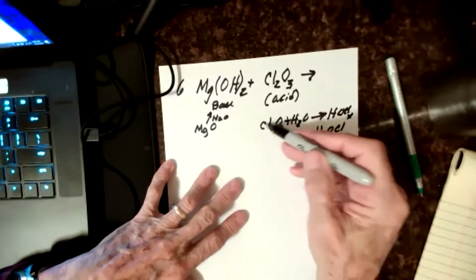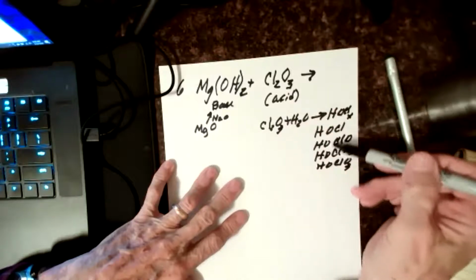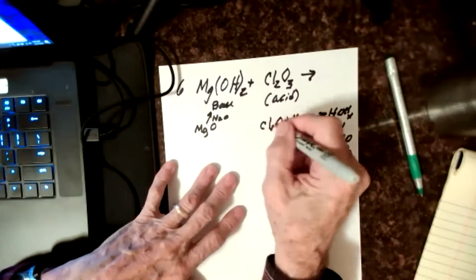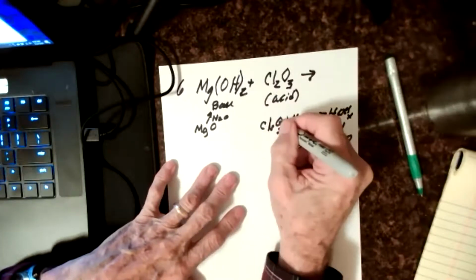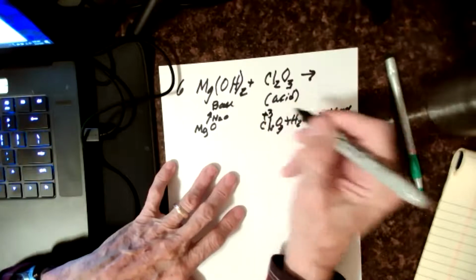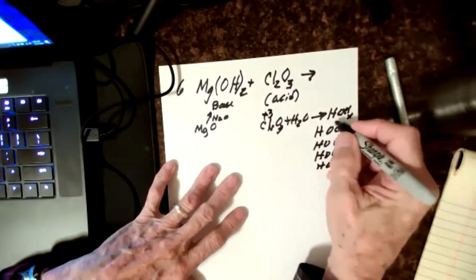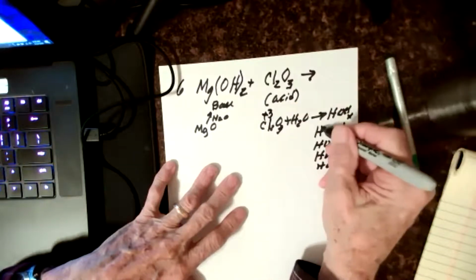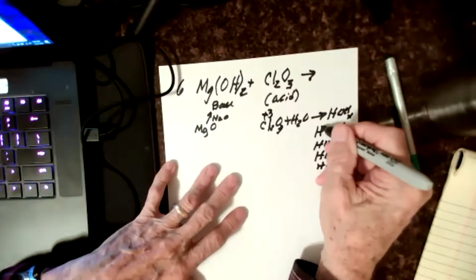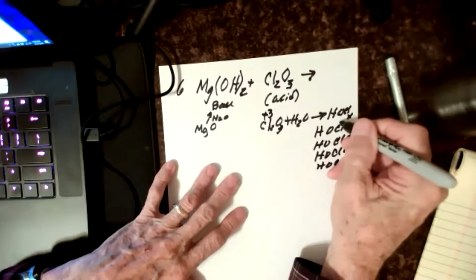So when you mix this particular oxide, you're going to make one of these. The way you tell which one is you look at the charge that it has here. Oxygen is -2, so that means the chlorine is +3 in this compound. If you look at the charge of the chlorine in this one, oxygen is -1, and oxygen is -2, hydrogen is +1. The chlorine in this one would be +1.